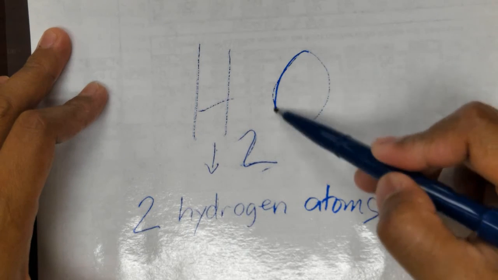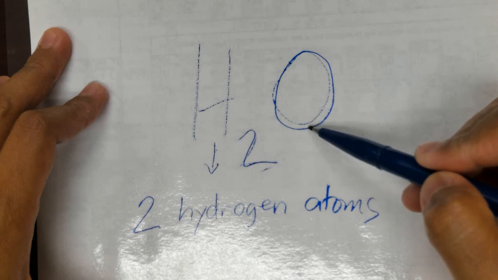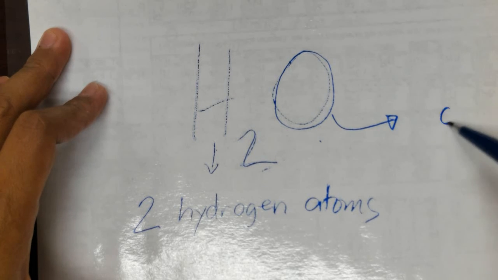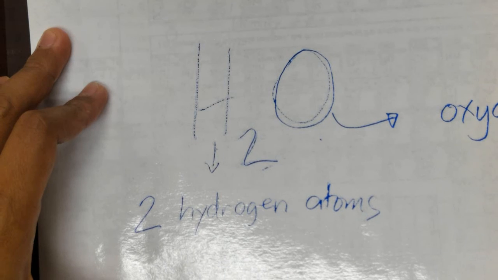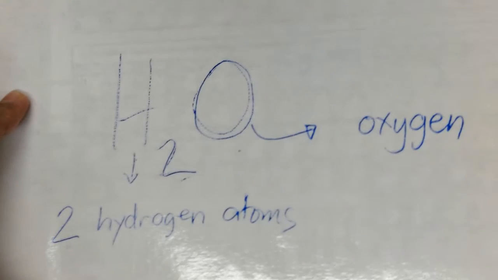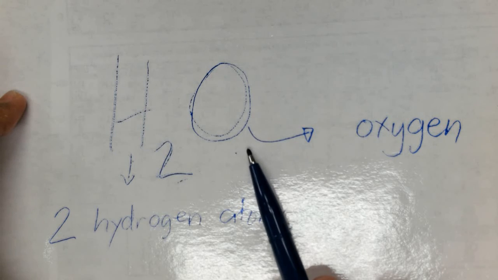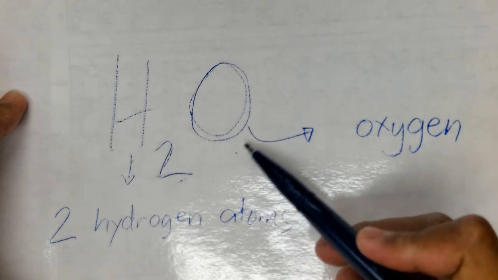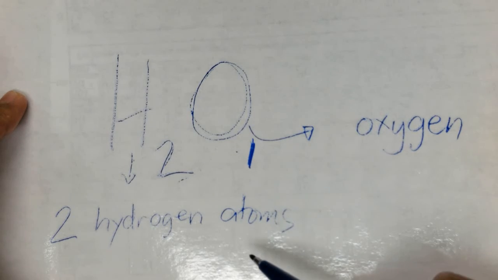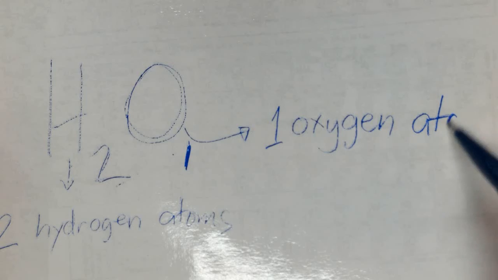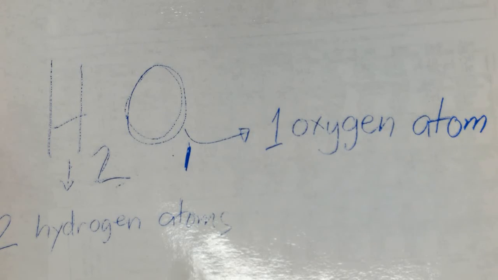And the next one is O. And O is a big letter. And when I look at the periodic table, it means the name of O is oxygen. And yet, I don't see any number for O. If you don't see any number, that's understood to be 1. So you have 1 oxygen atom in water.